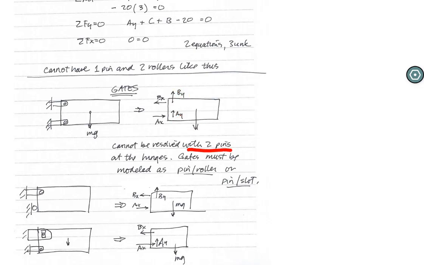So it can't be resolved with two pins. Gates must be modeled as a pin and a roller, or a pin and a slot, if you will. So if you call this the pin and this is the roller, then there's no Y associated with down here, and that works. Or you could have this be the pin and this be some sort of a slot, where this takes the Y force and this only has an X force.